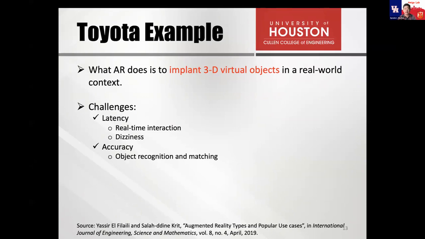In this case, the driver can see the information more immediately. So the challenge is that we need real-time interaction, to know exactly the location, and also prevent delays and maintain accuracy.